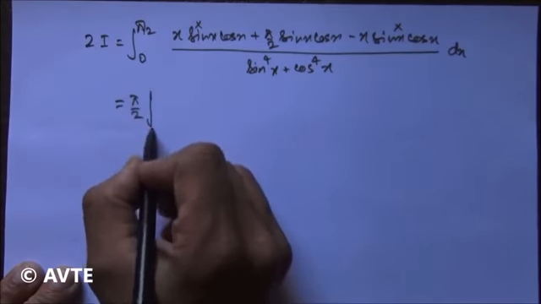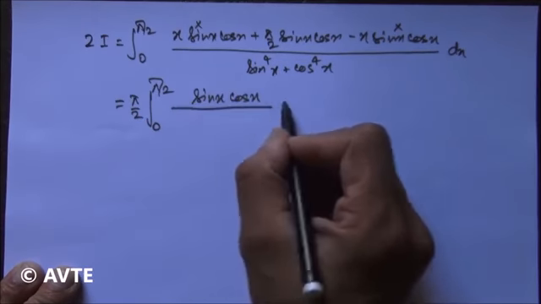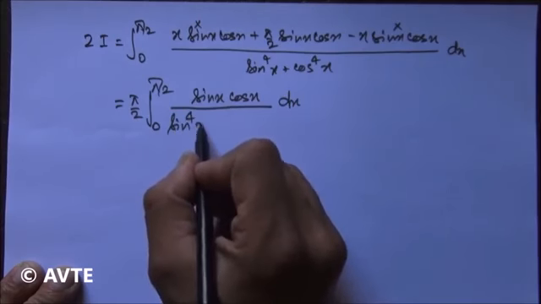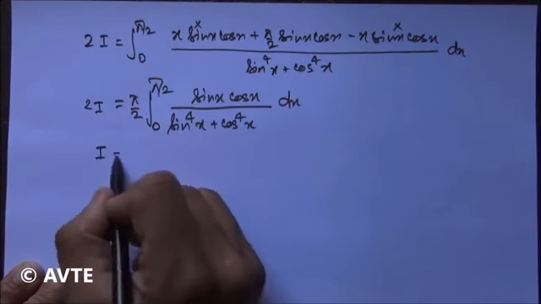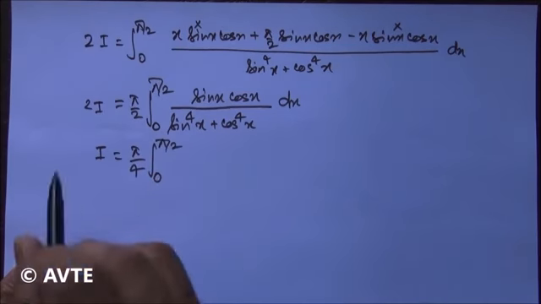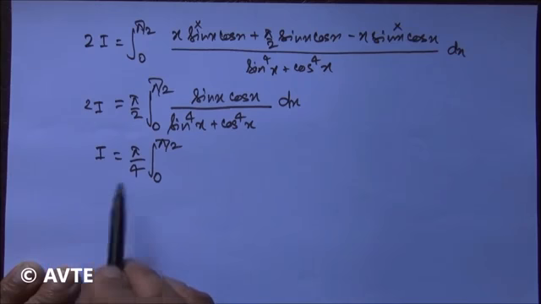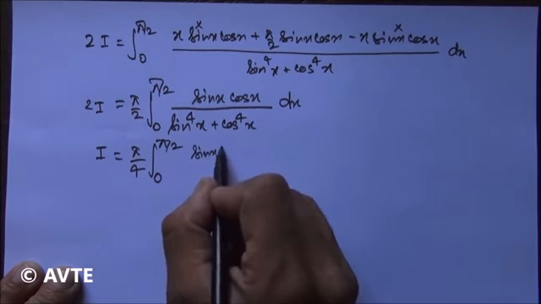So pi by 2 is outside. And this is 2I. And now we can divide. Just see, we have created I, so we have divided by 2. So this is pi by 4, 0 to pi by 2, sine x cos x.